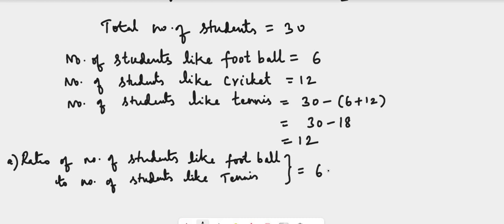Football, how many is 6? Tennis, 12. In both, 6 table is possible, 1:2. This is the answer A. Ratio of number of students like football to number of students like tennis is equal to 1:2.